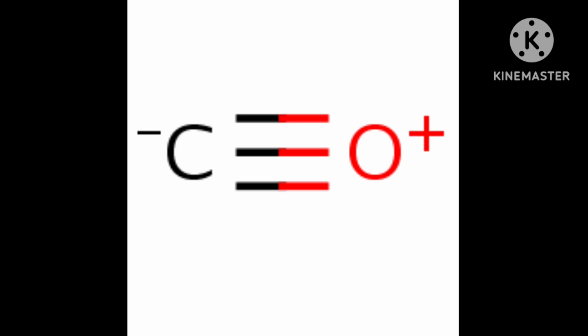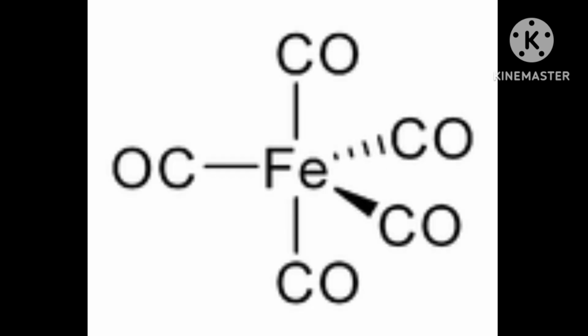There, where the triple bond is, the oxygen will be positive because only one lone pair of electrons is there. When negative, there are three lone pairs of electrons on oxygen. This I have told about the resonance structure of carbon dioxide.